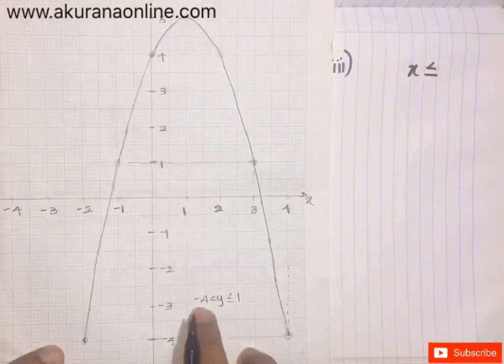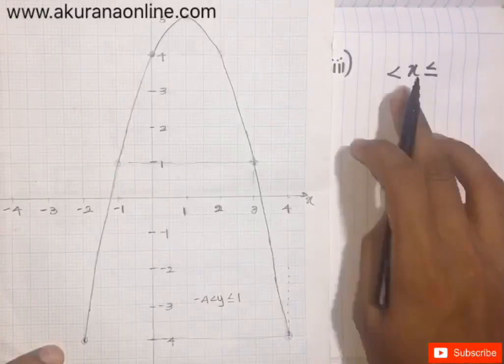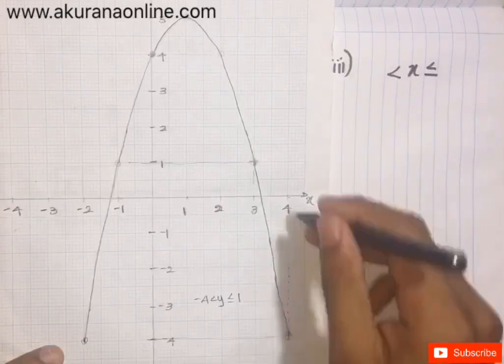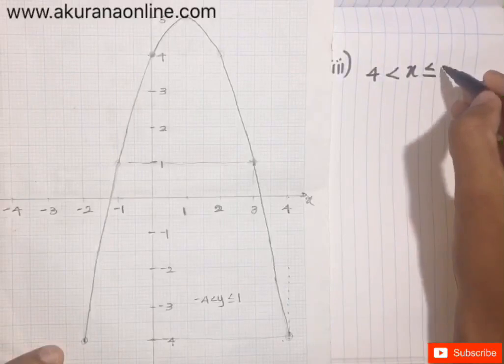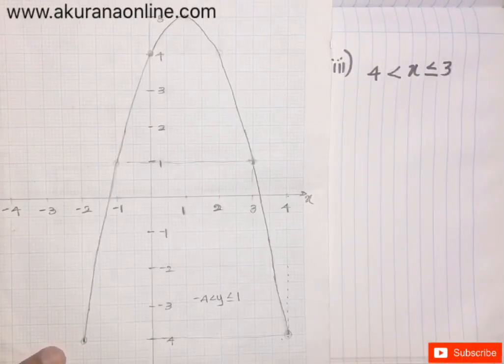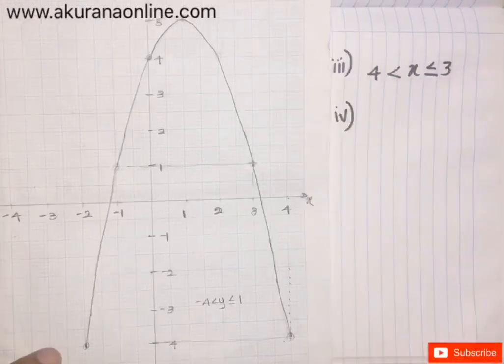And on the other side, you can just use the smaller sign. Therefore, x should be less than 4 and greater than or equal to 3. This is the answer.